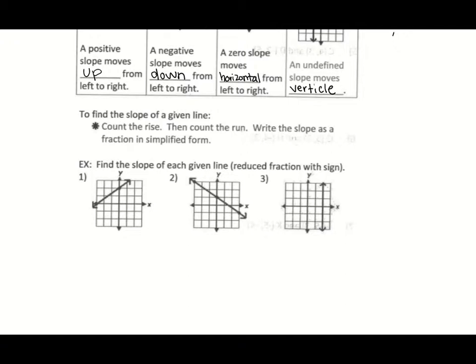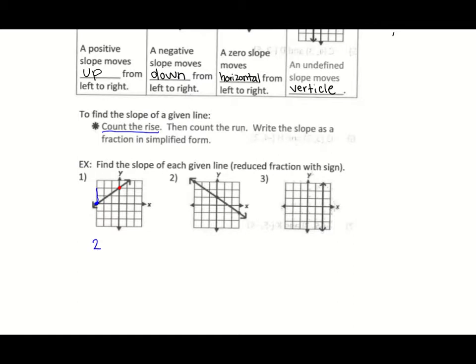So the first thing we want to do is find 2 points on our line. So if I look here, it crosses at a nice even point where I can tell what the points are. If I start from left to right, this point, my blue point here, is the farthest to the left. First thing I need to do is count the rise. So to get to this red point, I go up 1, 2.